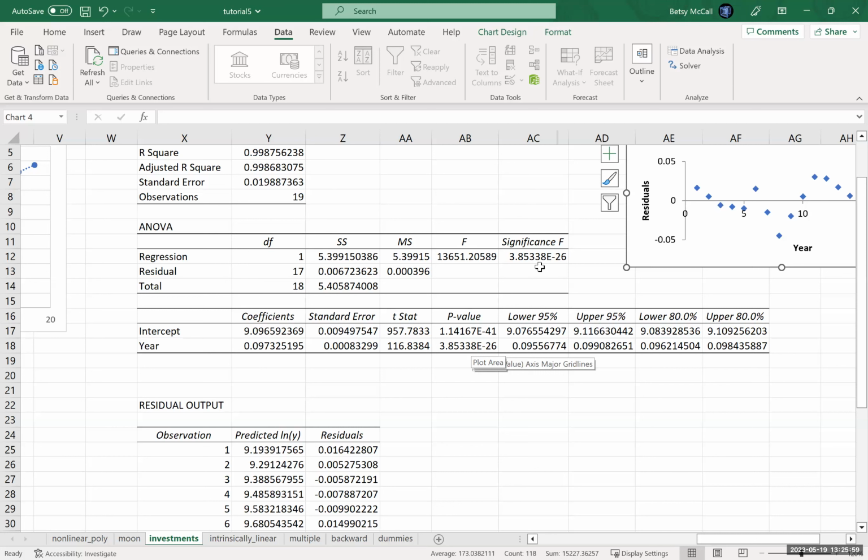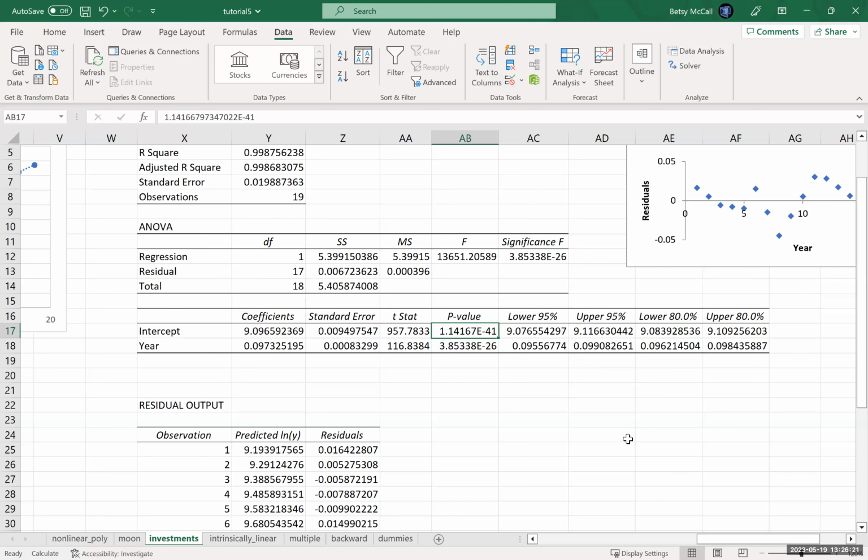There's definitely something going on in our model that we like. That's much less than 0.05. If we look at our two coefficients, both the intercept p-value and the slope coefficient p-value are less than 0.05, so that's good. Again, remember, these e's mean that's zeros and then the number after the decimal place.